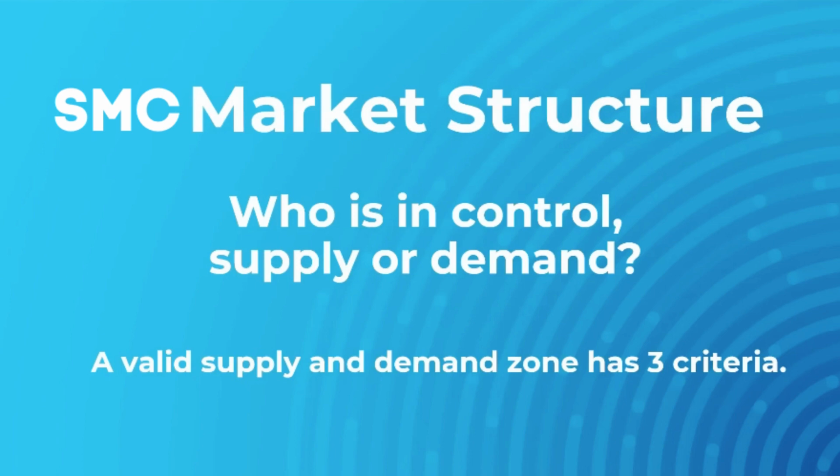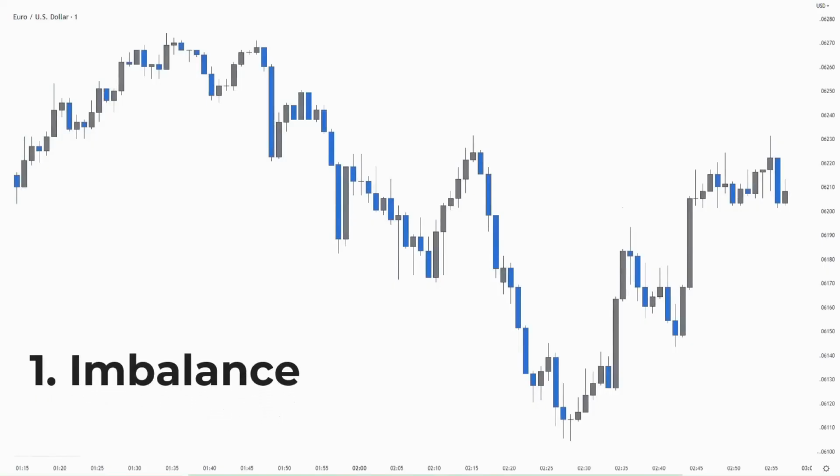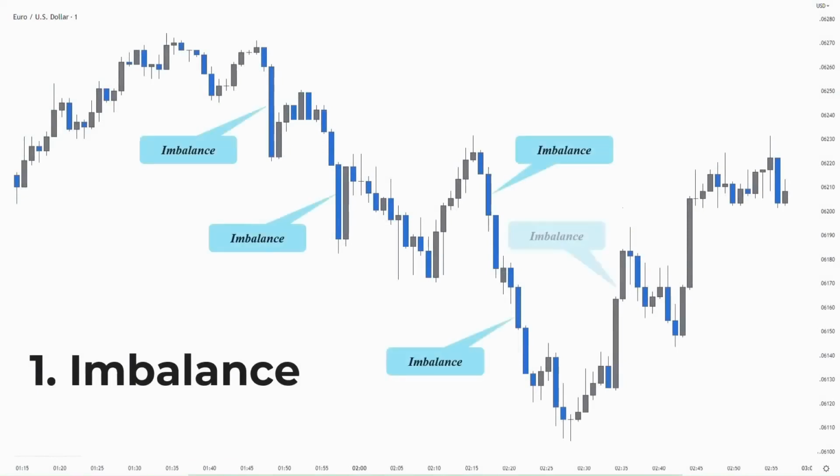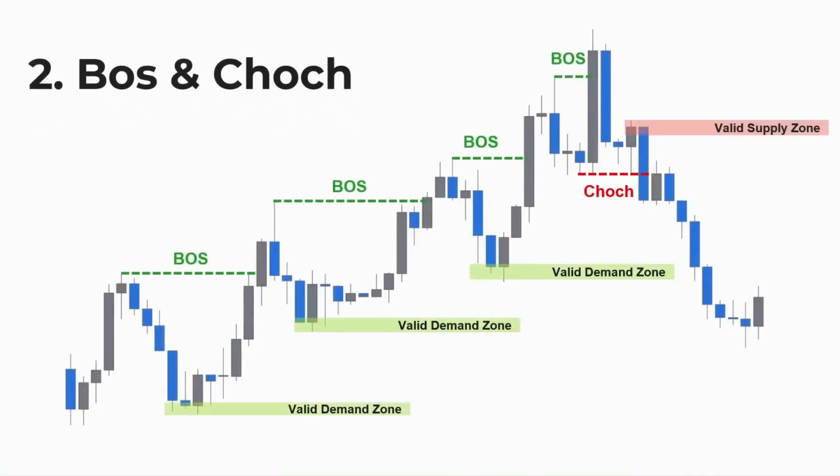The first criteria of a valid zone is that it must have an imbalance. Imbalance simply means lack of proportion between the buyers and sellers, which causes a massive move in the market. The second feature of a valid zone is that it must break the structure or change the character.